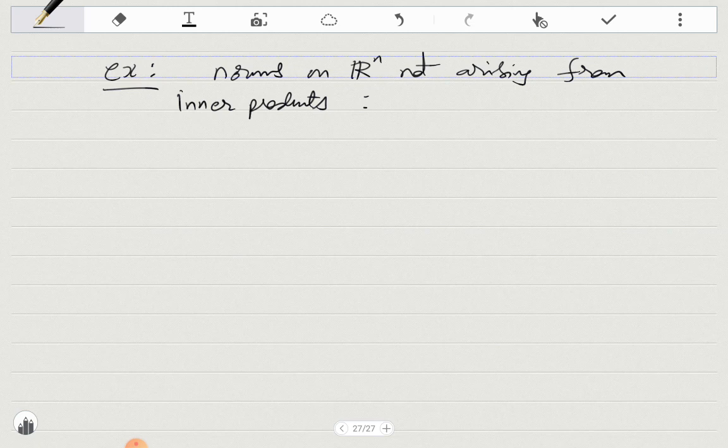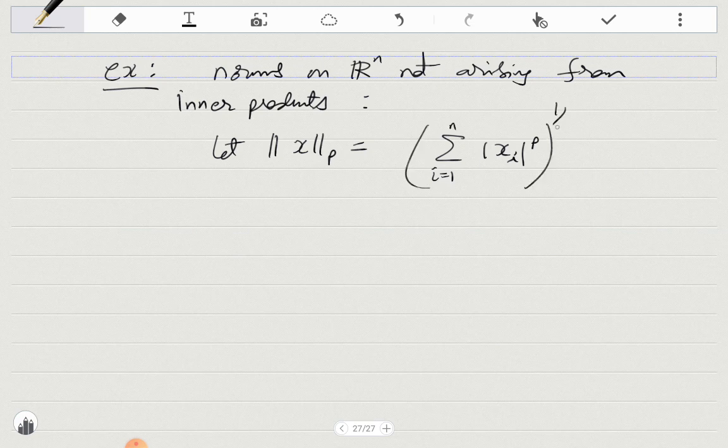So what one can do is, let the p-th norm of x be defined as the sum of the absolute values of x_i to the power p, i equal to 1 to n, and then take the 1 over p-th root.